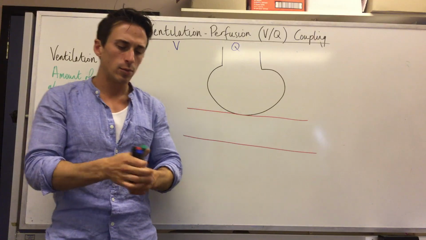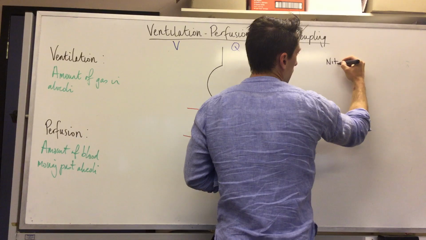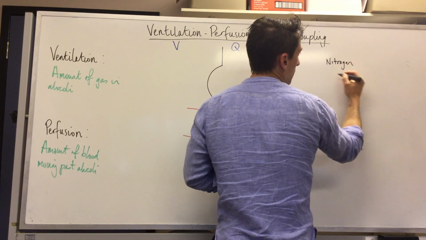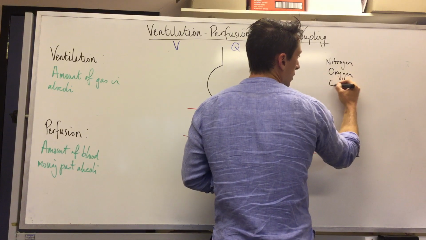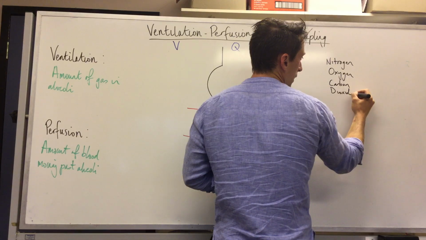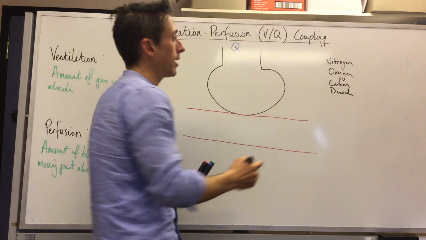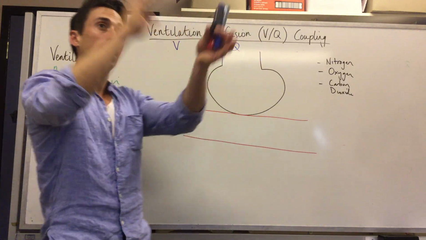What are these gases? Well, these gases are nitrogen. These gases are oxygen. These gases are carbon dioxide. And there's some other trace gases that are there. So these are the main gases that we're breathing in right now and that are in the atmosphere.